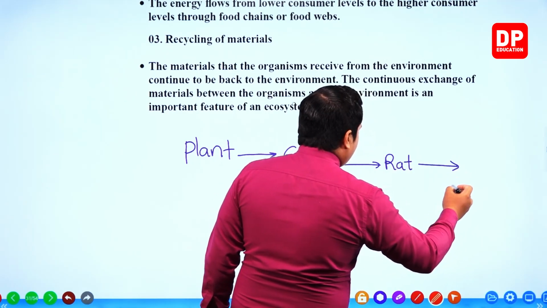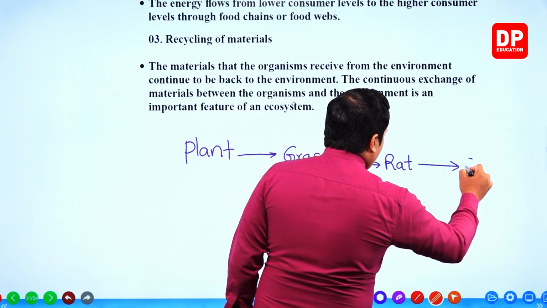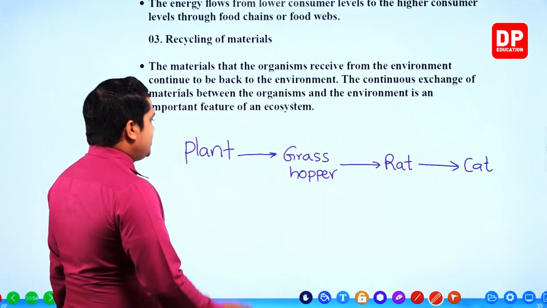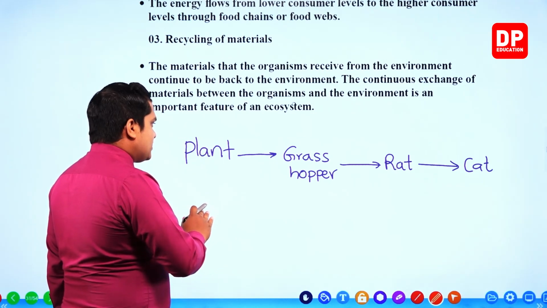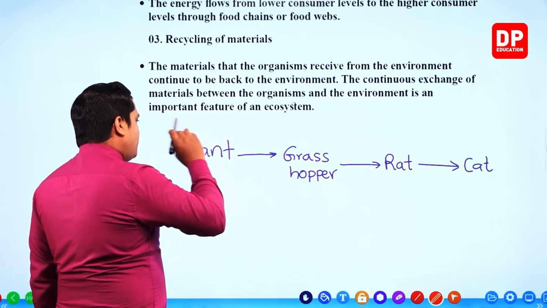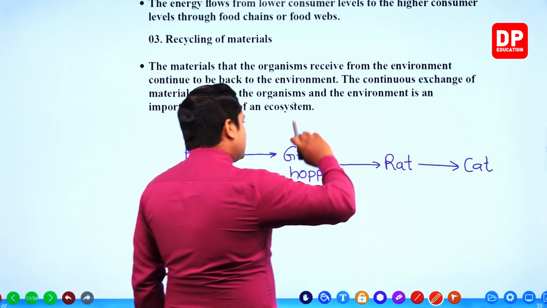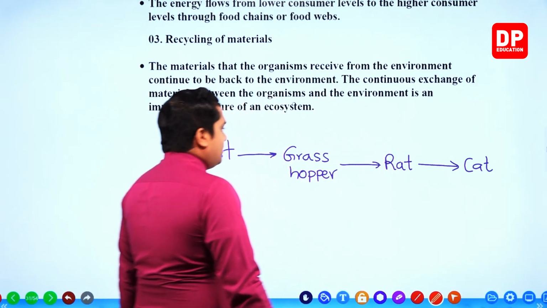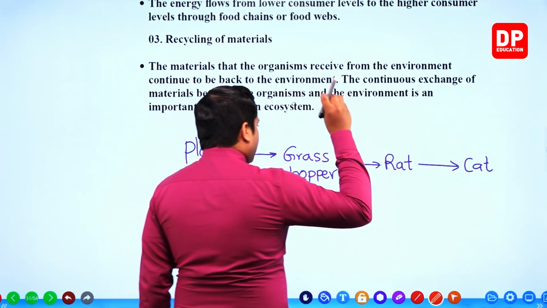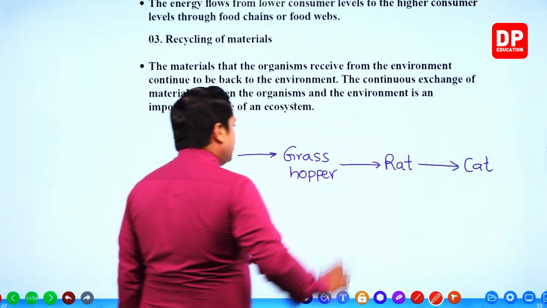Then the rat is being eaten by, we'll take a cat. So energy produced by the plant through photosynthesis flows towards the grasshopper when the grasshopper consumes the plant. That energy stored in the grasshopper is then transferred to the rat, because of eating the grasshopper. Then the energy contained within that rat is transferred to the cat upon eating the rat.